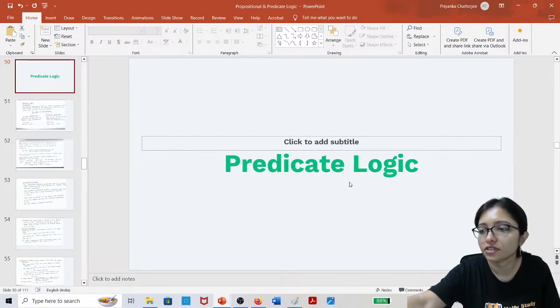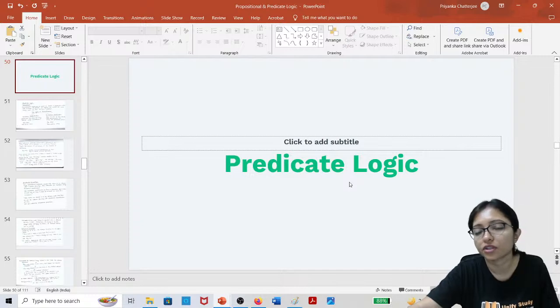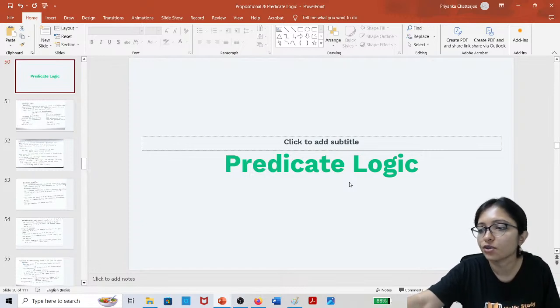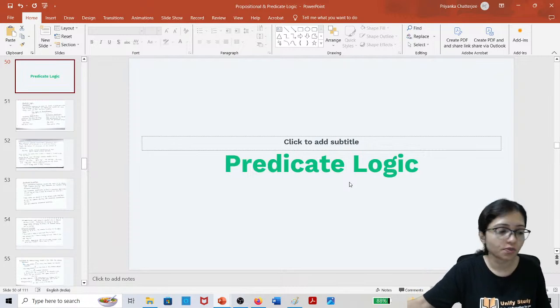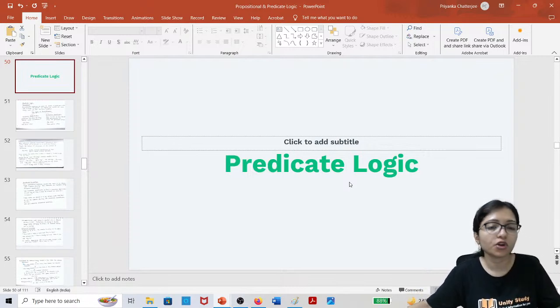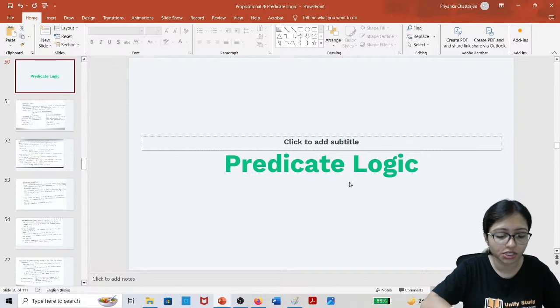First order predicate logic is useful for the knowledge representation in AI. We are using it for the knowledge representation of AI, and that's why it is a common topic. It is mainly discrete math, but it is useful for the knowledge representation of AI, and that's why predicate logic is the common topic, and confirm questions are coming from here.